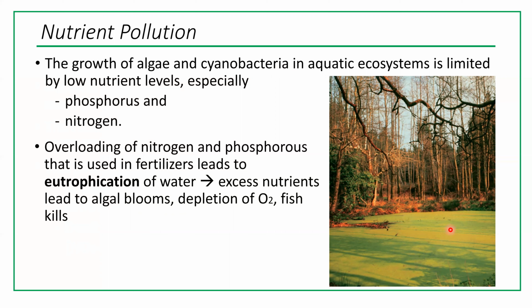If you look over here, this is a little pond, and you see all this algae and cyanobacteria growing. And this is not because the water is nice and warm and we have a lot of sunlight. This is because this water is polluted, probably with nitrogen.